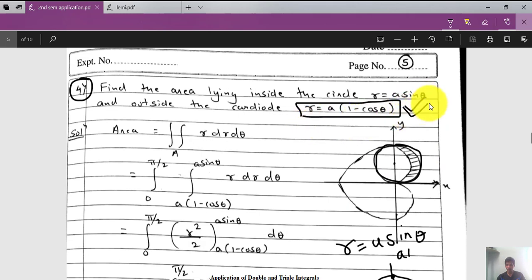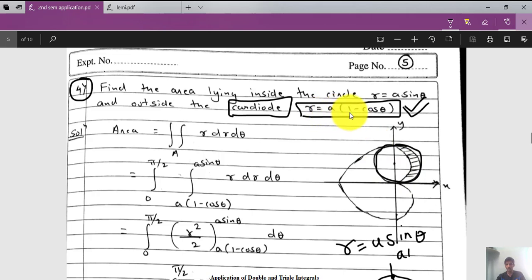Now many of the students were asking, sir, we have a problem in plotting the graph of a cardioid. So keep in mind the equations of the cardioid. There are four types, two of them opening along the horizontal axis.